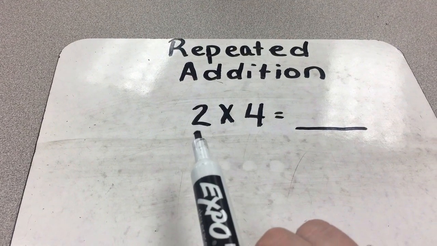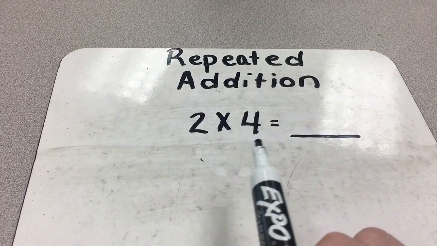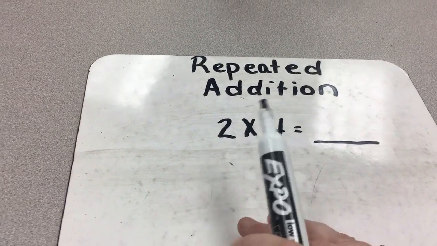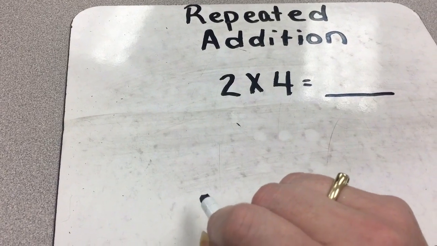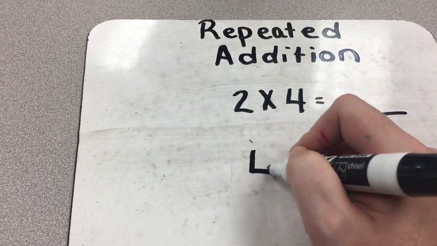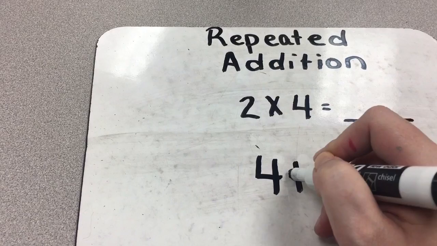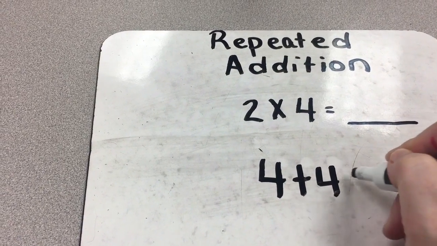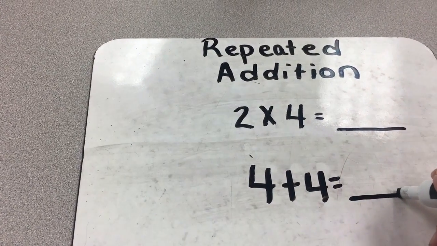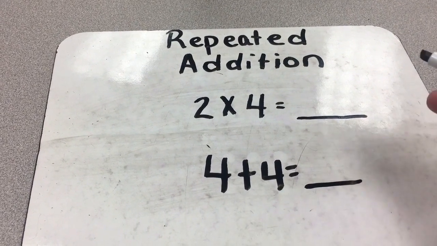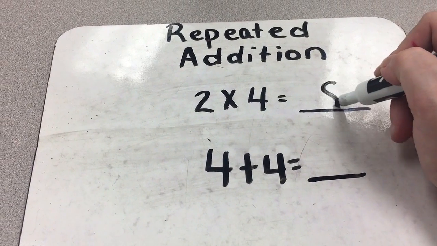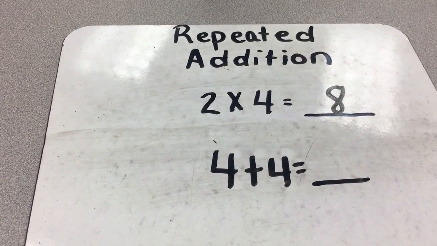We're really saying 2 groups of 4 equals blank. So in repeated addition, they're going to write that as an addition problem. So I need to write 4 plus 4 equals blank. And students who know their doubles know that 4 plus 4 equals 8. So 2 times 4 equals 8.